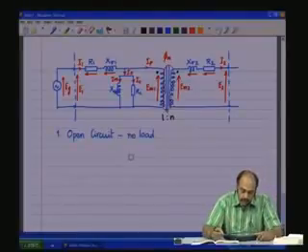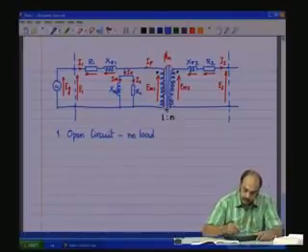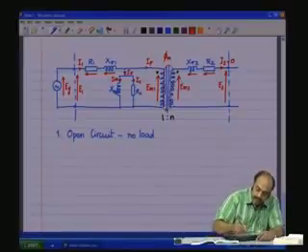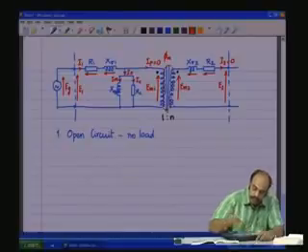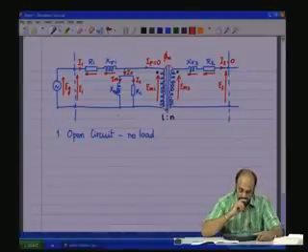Under no load, some of the parameters vanish. There is no I2, which means I2 becomes 0. If I2 becomes 0, this being an ideal transformer, IP becomes 0. So, only what is drawn from the primary source is I0.